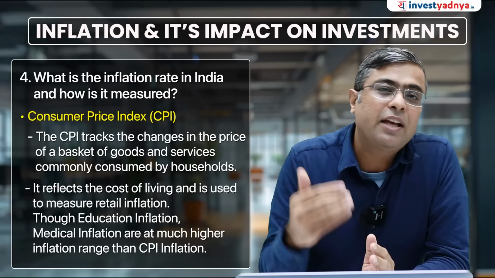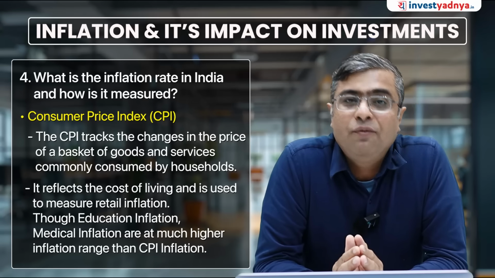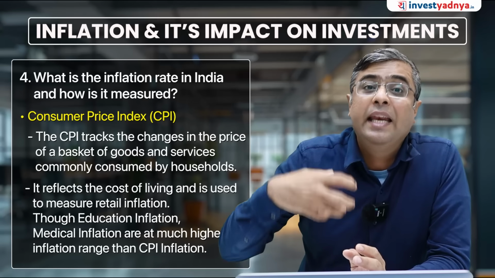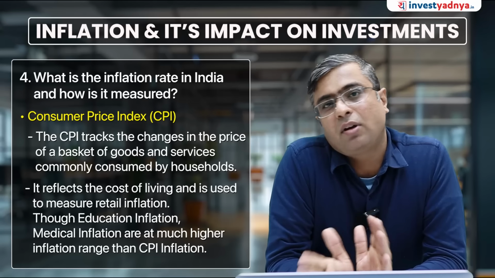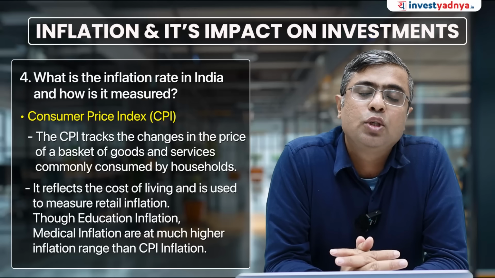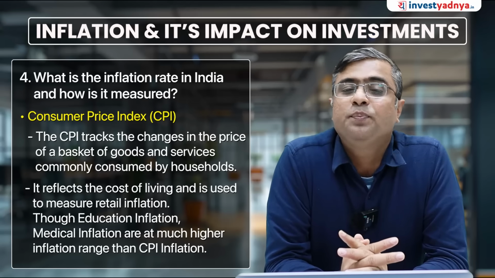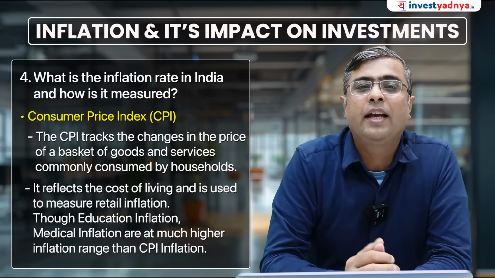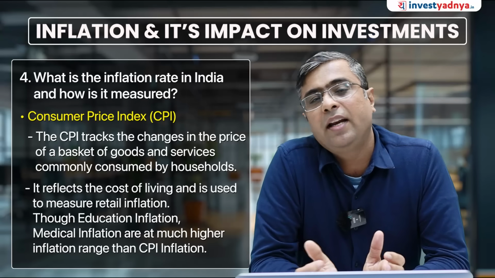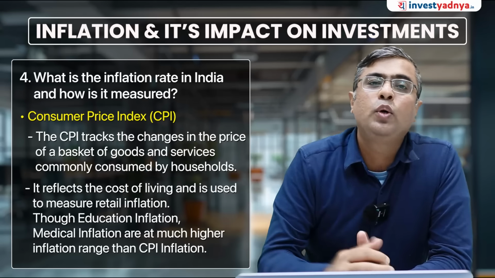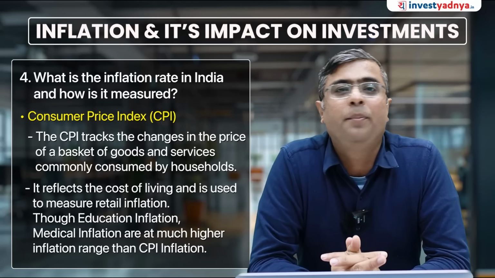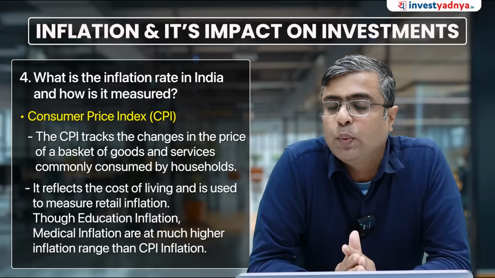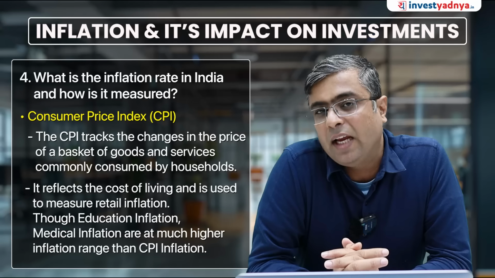The inflation which is affecting the households, or the needs of the households, is called retail inflation or consumer price index inflation. A lot of the time you will see so many prices increasing. Look at the movie ticket prices, they are increasing so high. Whenever you go to malls, the prices are going up. These things will not be included in CPI inflation.